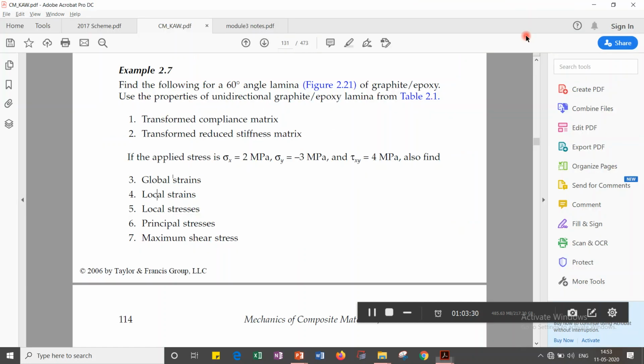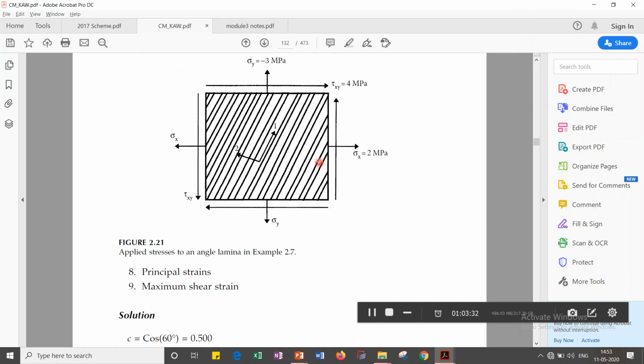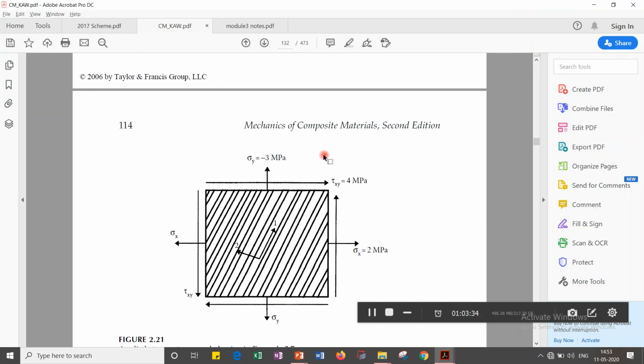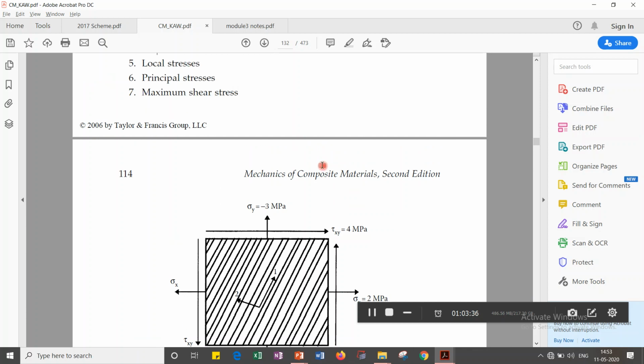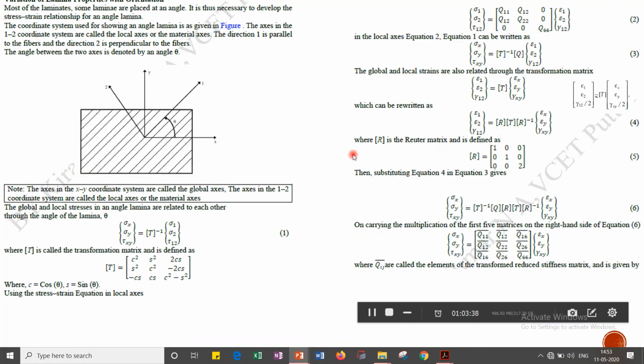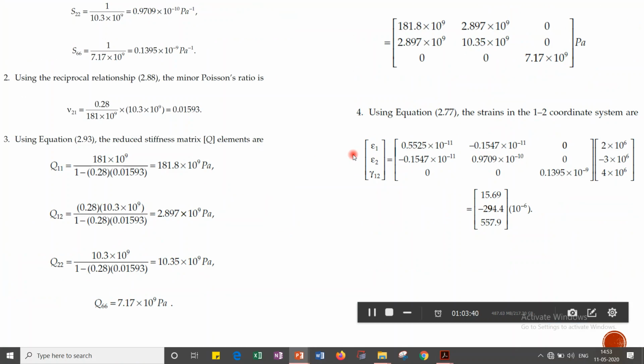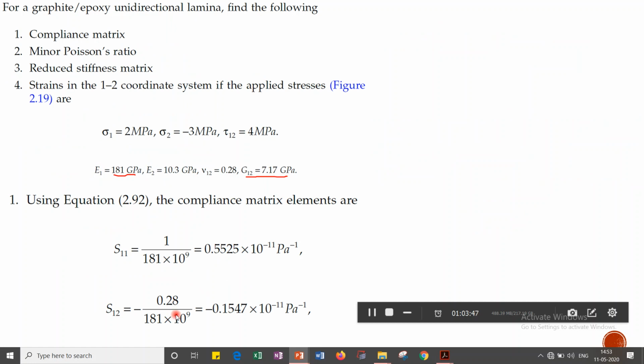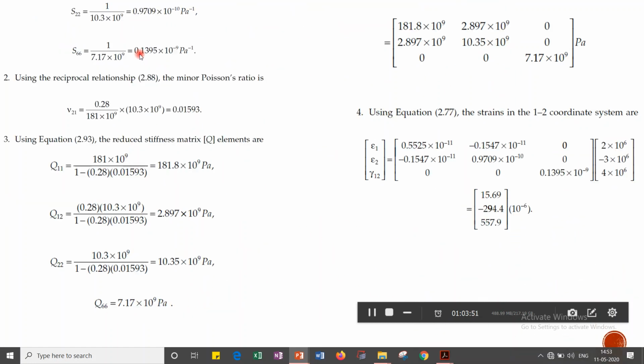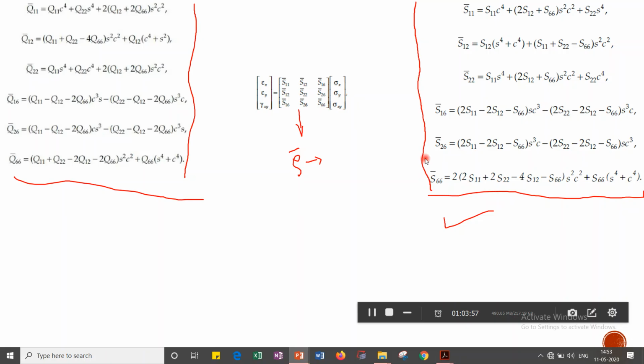That is nothing but the compliance matrix. If you go back to the previous problem, we already calculated S11, S12, S22, and S66, which are already provided here. So the same thing you have to calculate here also.